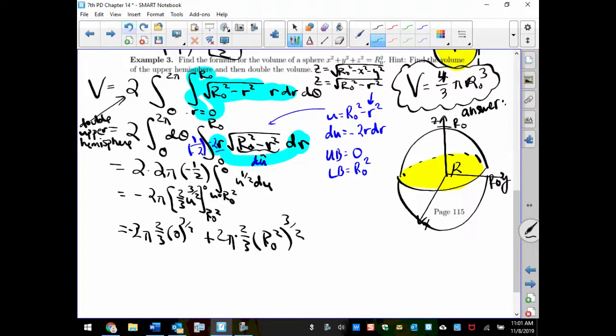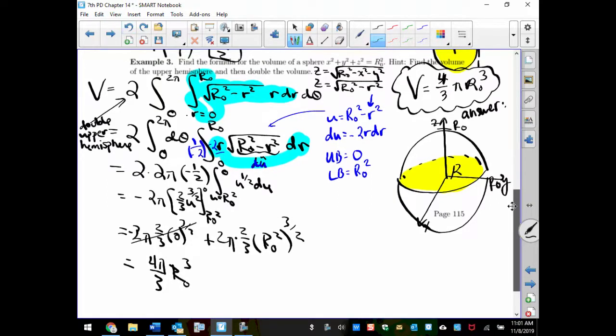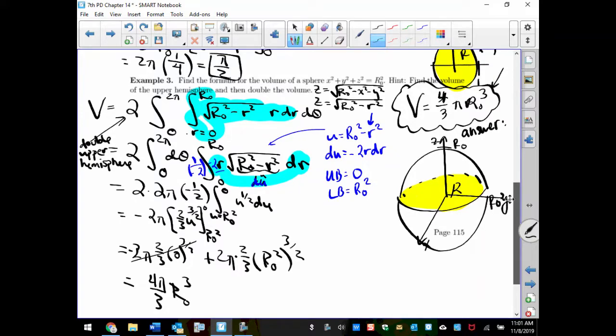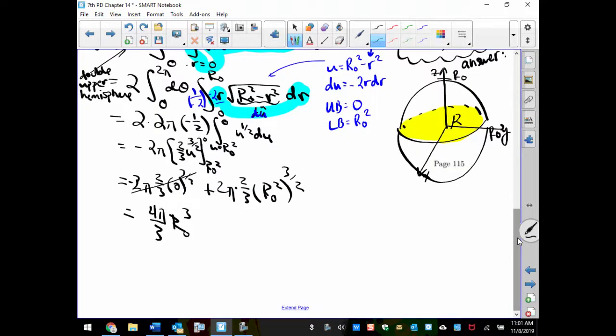And what do we get? That finally reduces, this is 0, it's gone. This is going to be 4 pi over 3 r0 cubed, because the square and the half cancel there, which is exactly what we wanted, 4/3 pi r cubed. So that's the volume formula for a sphere.